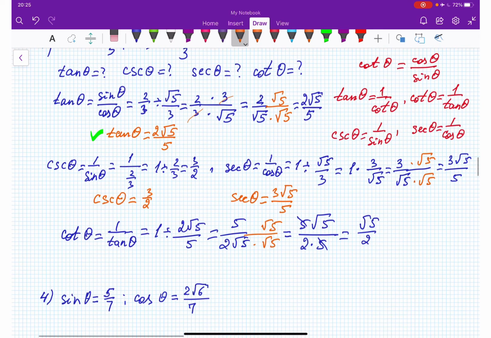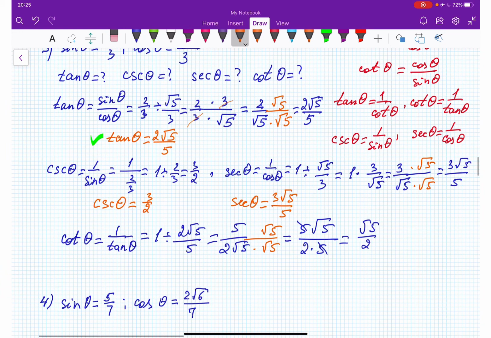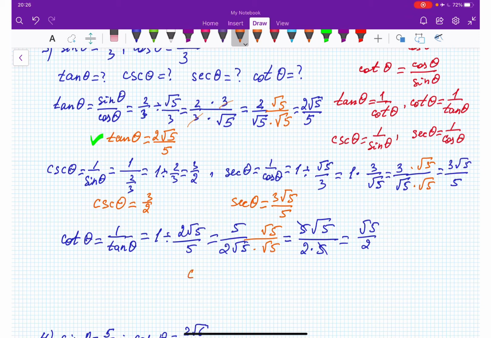So from here, cotangent theta is equal to square root 5 over 2.